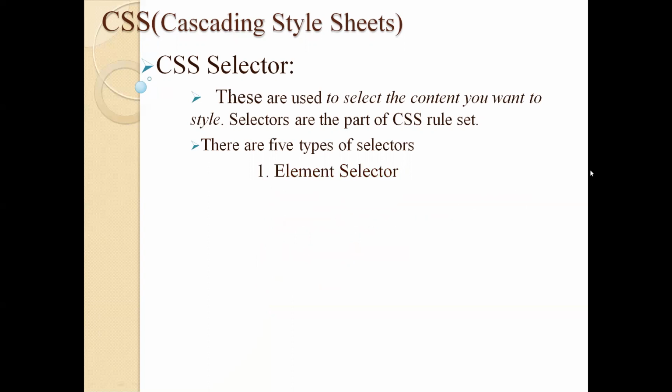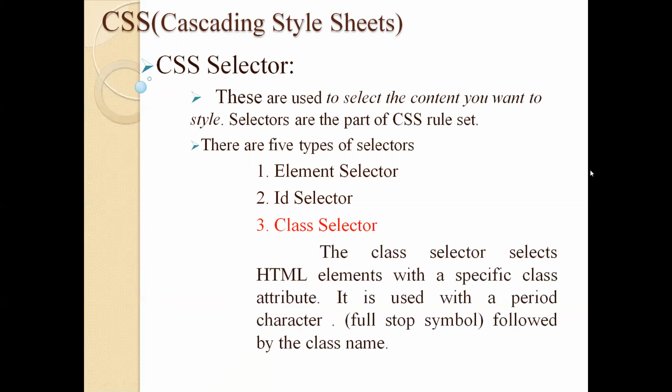Let us see what a class selector is and how we can define it in HTML. The class selector selects HTML elements with a specific class attribute. It is used with a period character, that is the full stop or dot symbol, followed by the name of the class. Yesterday the ID selector started with a hash symbol followed by the name of the ID. Similarly, the class selector starts with a dot and the name of the class.